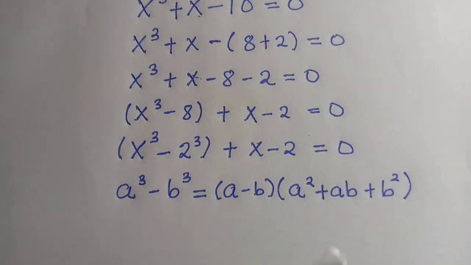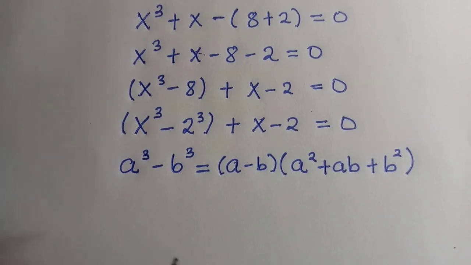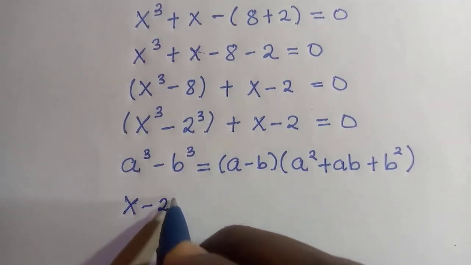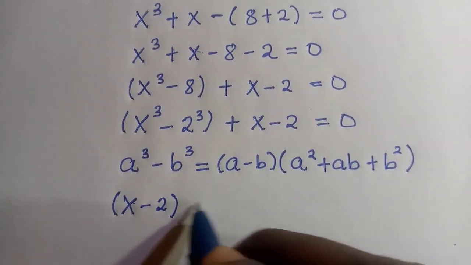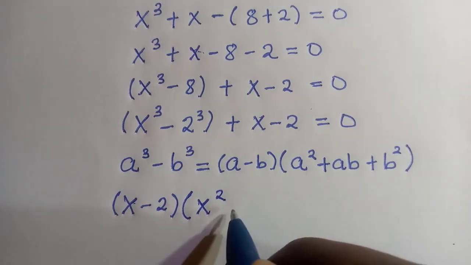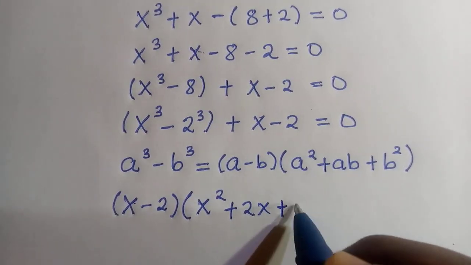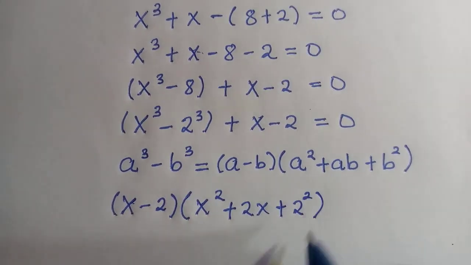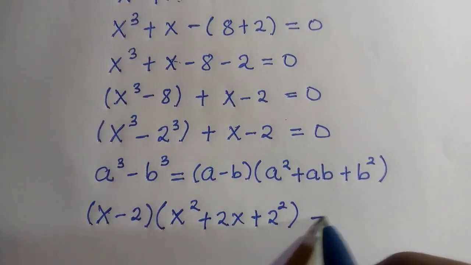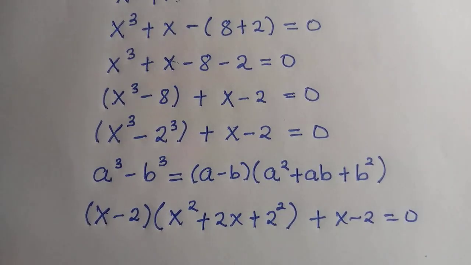By substituting, as a is x and b is 2, we have x minus 2 in bracket, open bracket x squared plus 2x plus 2 squared. So if this is for x cubed minus 2 cubed, then plus x minus 2, everything equals 0.